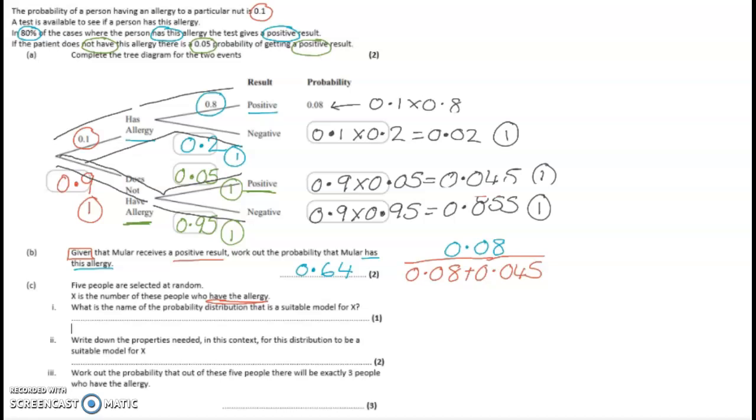Of the 3 distributions that we know, we need to think about which one has a set number of people or a set number of trials, which we will call N, and which one looks at 2 possibilities, the people who do and don't have the allergy, so success and failure. All this evidence points towards this being the binomial distribution.